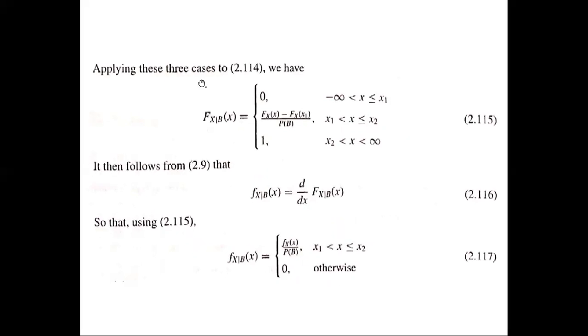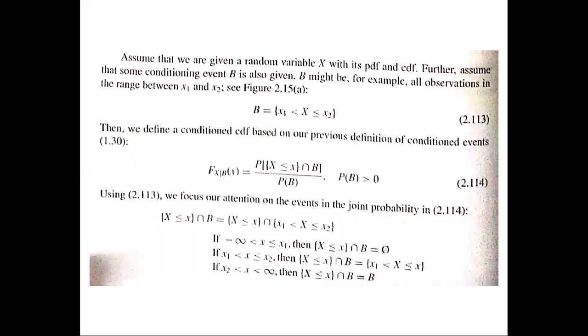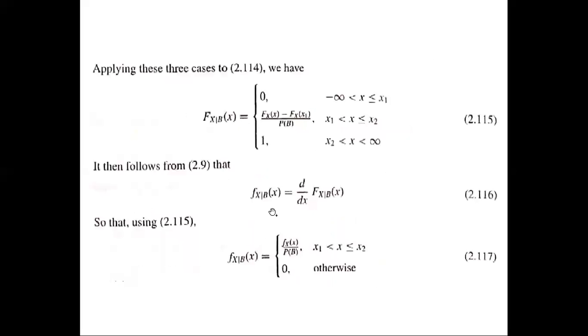So applying these three cases to our equation 2.114, that is this over here, we will get the conditioned CDF to be 0 between minus infinity and x1, and between x1 and x2 it will be (Fx(x) minus Fx(x1)) by P(B), and 1 for all values greater than x2.